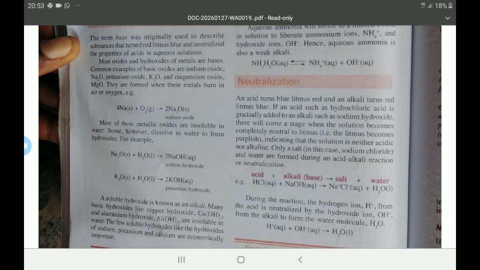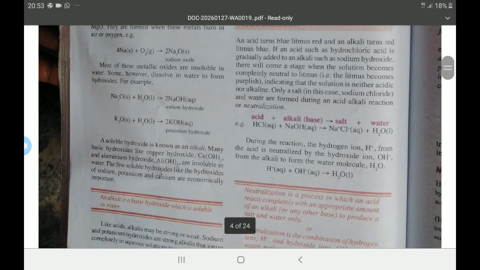Insoluble, like I explained earlier, means they cannot be easily dissolved in water. The few soluble hydroxides, like the hydroxides of sodium, potassium, and calcium, are economically important.